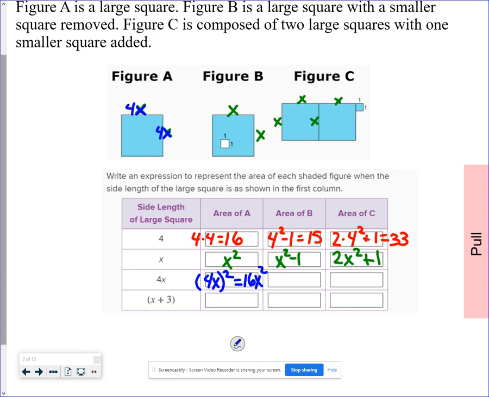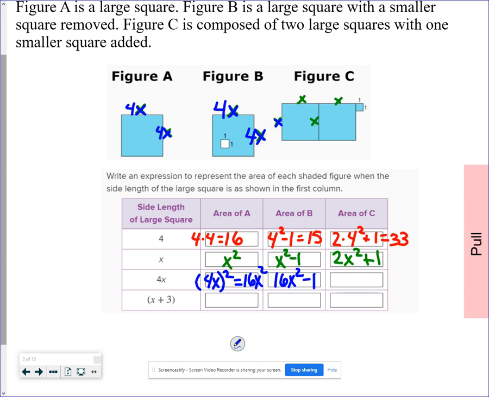For B, again, if this is a 4x and this is a 4x, then not worrying about that 1 that we're taking out, I would have exactly the same thing that I did from the area of A. So it would be 16x squared, but I'm going to take away that 1 by 1 square. And in figure C, this is where it gets a little bit more messy, right?